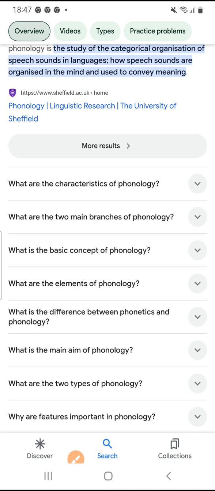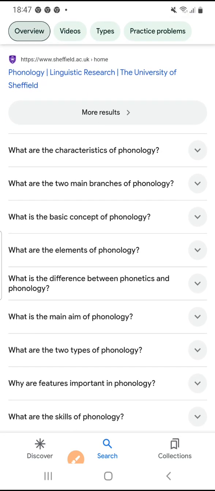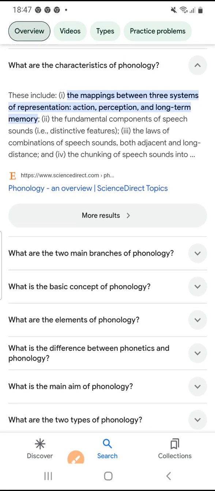This way speech sounds are organized in the mind and used to convey meaning. This is phonology.